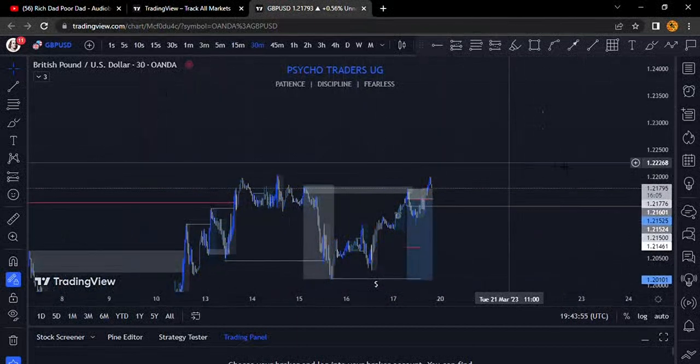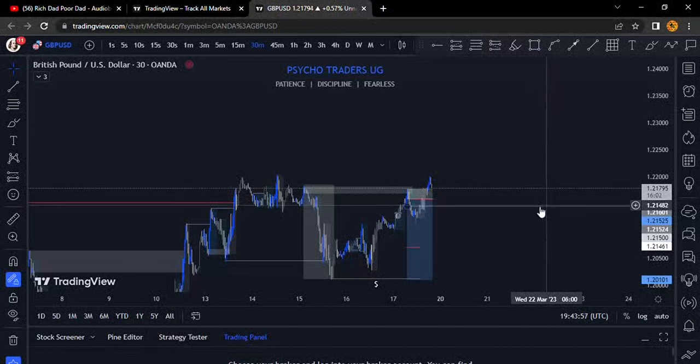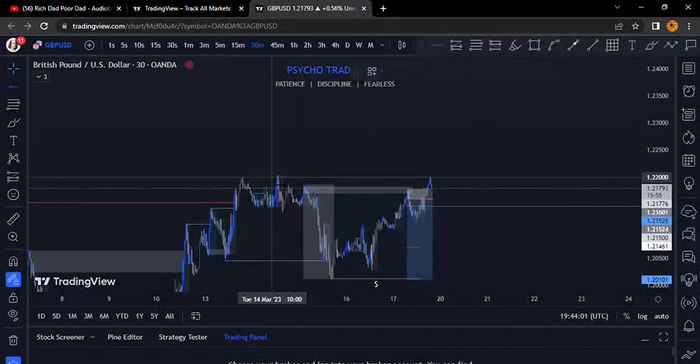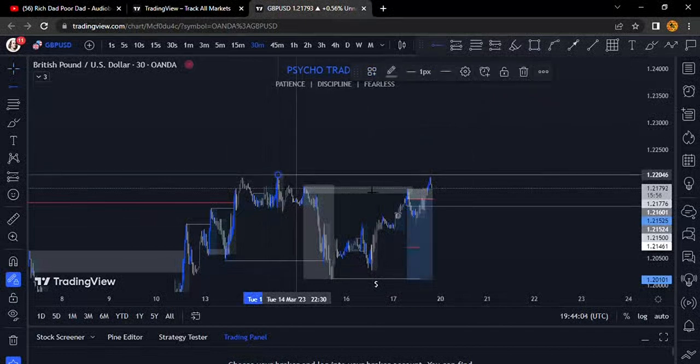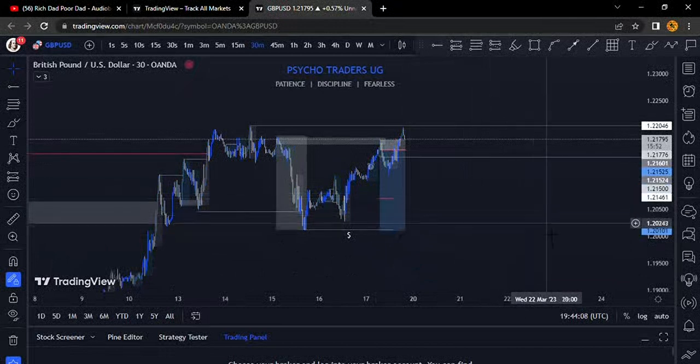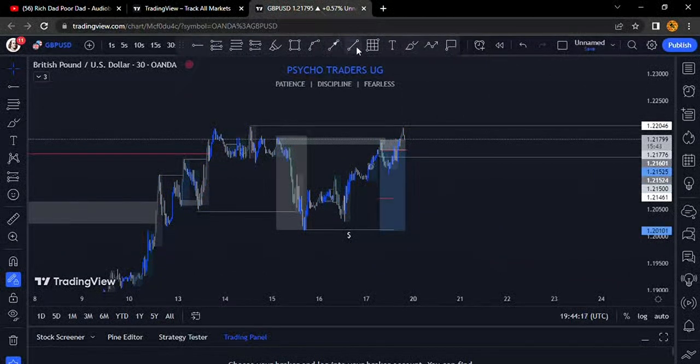We want to change the bias when price has liquidated the high, like at this point right here, because right now the structure is still valid. I'm expecting price to break this low right here. If price breaks this low, that's when we shall be entering our shorts.